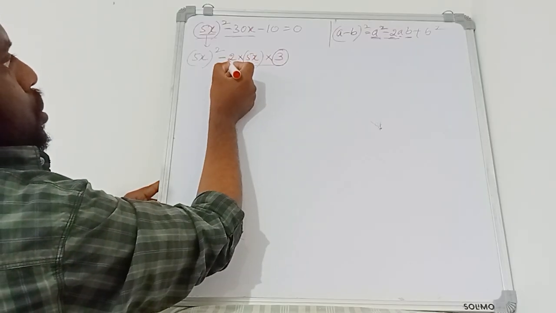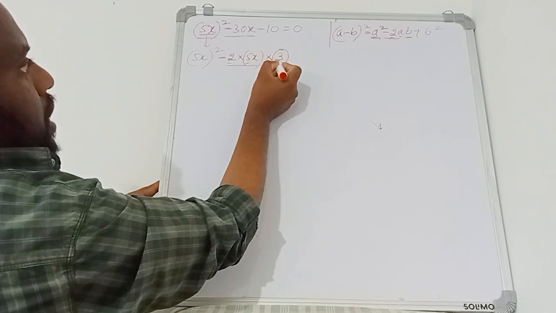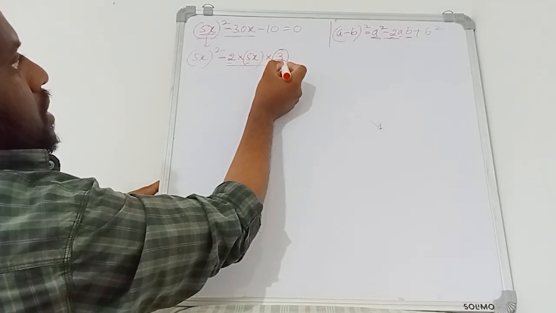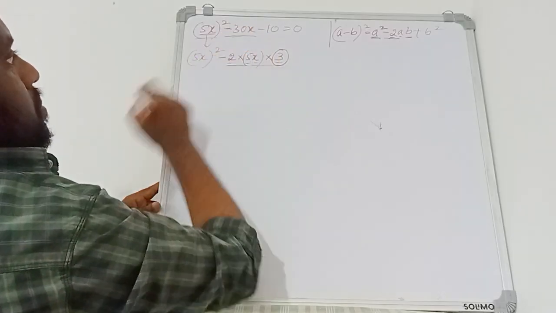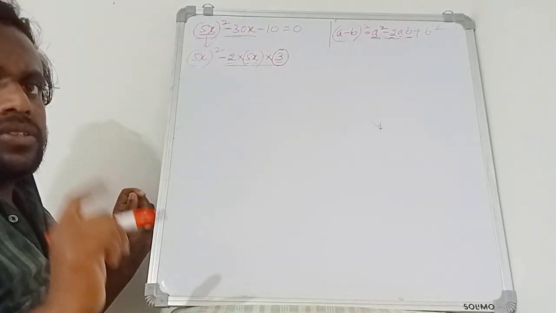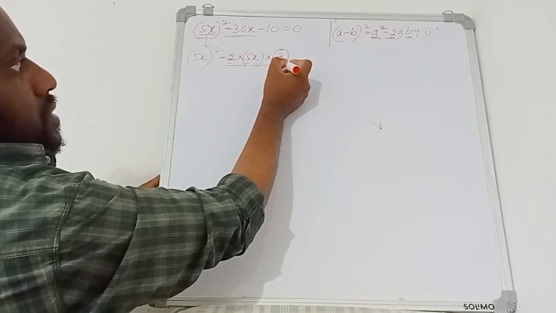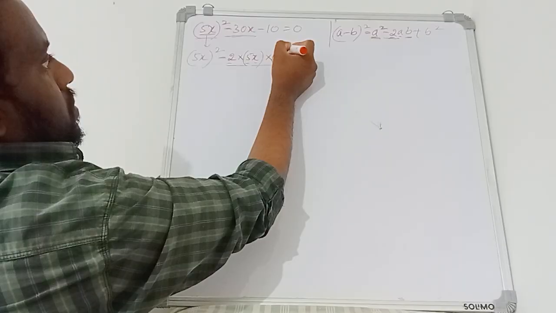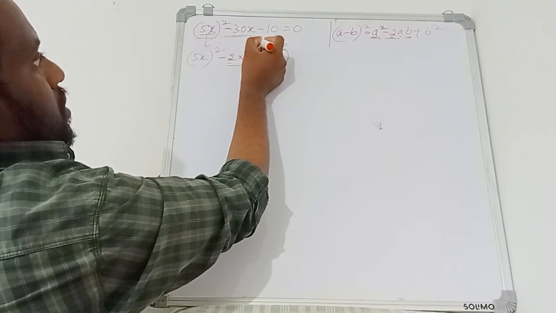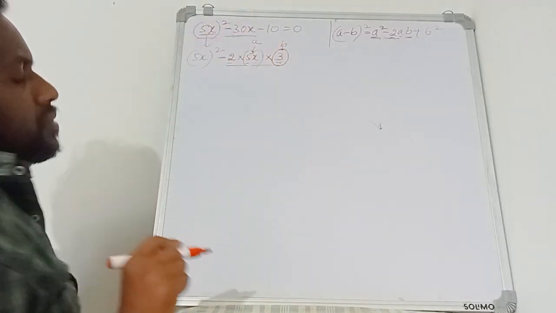First numbers, 2 5s are 10, 10 into 3 is 30, 30x, so we got 30x. This minus minus same, correct? So that's why we should take 3 only here. So this is b, this is a.